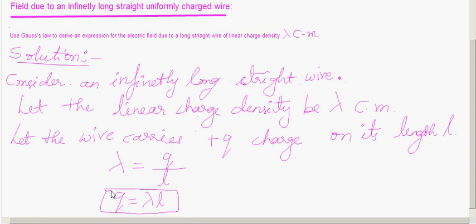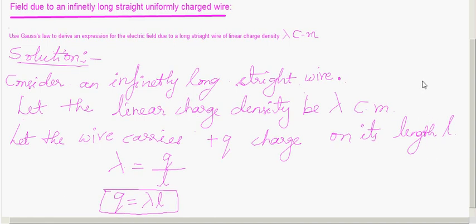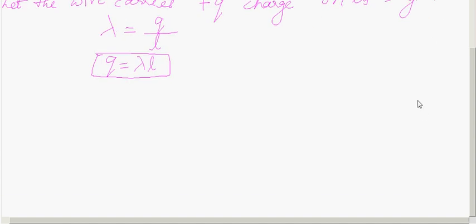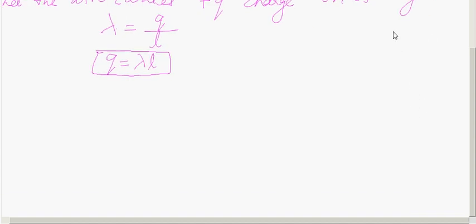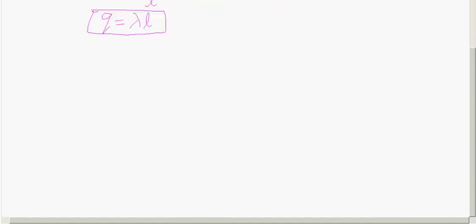Now, because we want to apply Gauss law, we have to assume a Gaussian surface. We have to imagine a Gaussian surface. For that, first let us consider this long conductor. This is an infinitely long conductor.